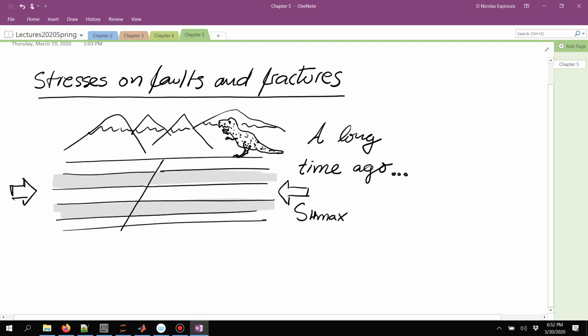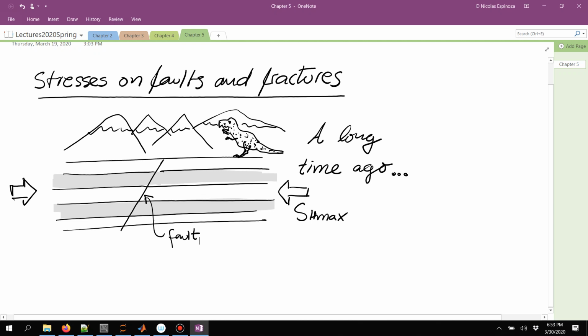The result of this is that if these stresses are too large compared to the vertical stress, a fault is going to be created. This is going to be the result, a fault.